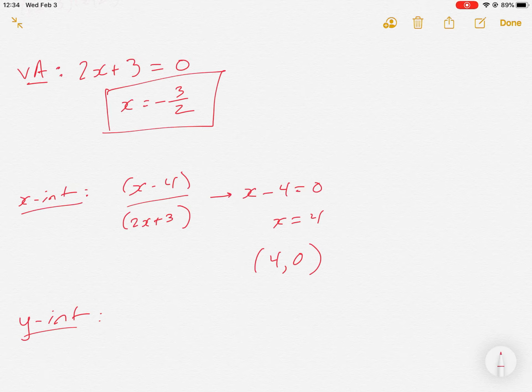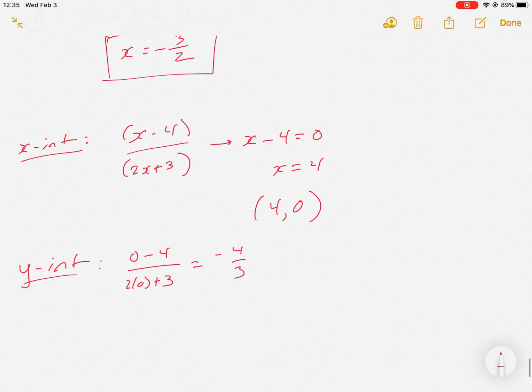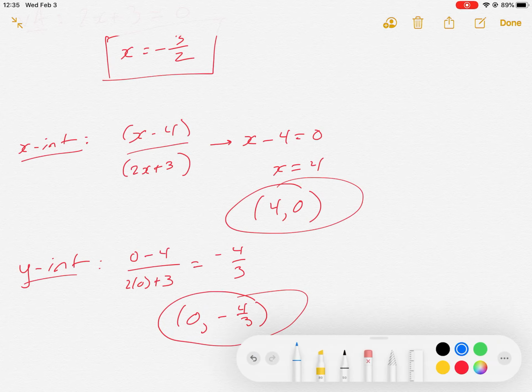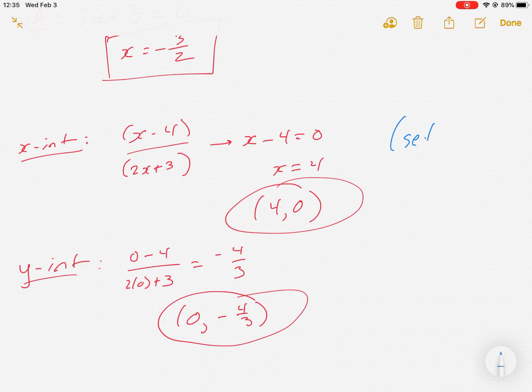And then for the y-intercept, I'm going to plug 0 in for x, and I end up with 0 minus 4 over 3, which is negative 4/3. And so my y-intercept looks like this. And now I've gone through all the steps. Remember, to find the x-intercept, we set y equal to 0 and then solve.